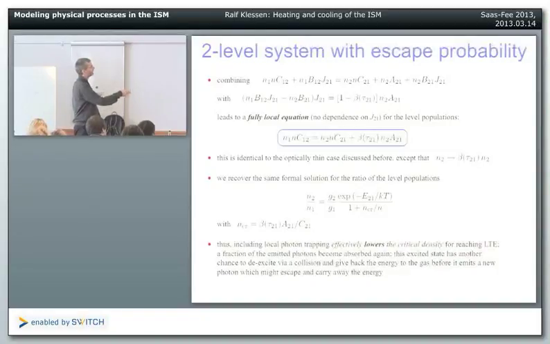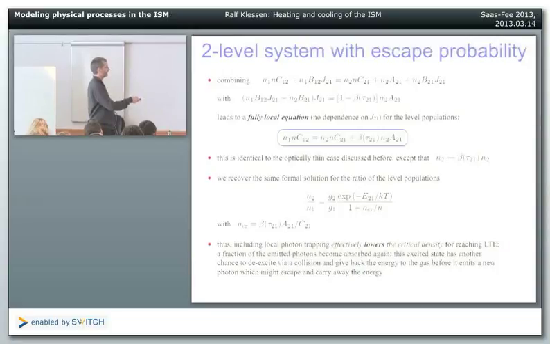So the full local equation that we get, which has no longer a dependency on the radiation field, is this one. We have seen that before, just that we have now this escape probability. This is why it's an extremely important concept.